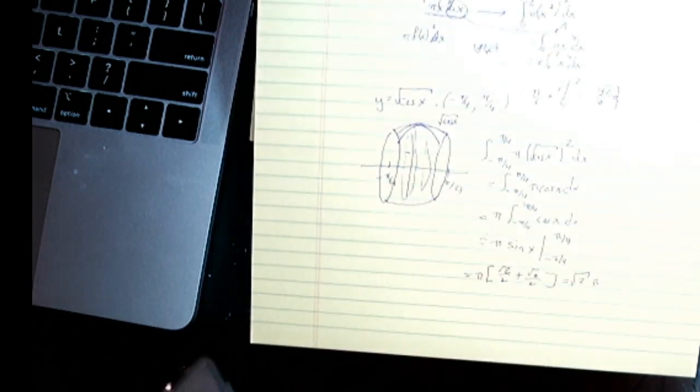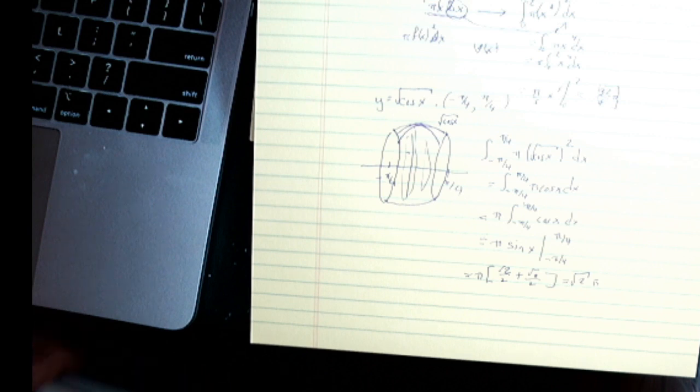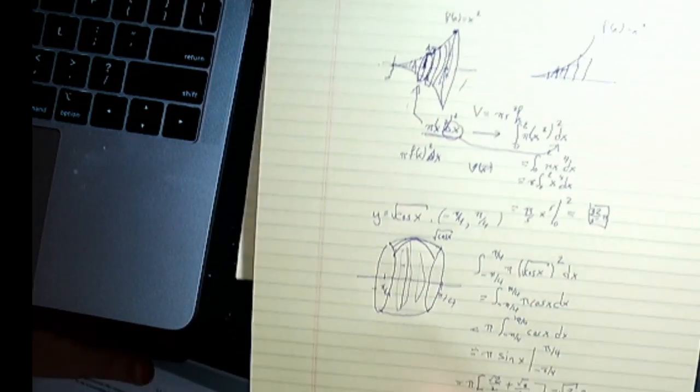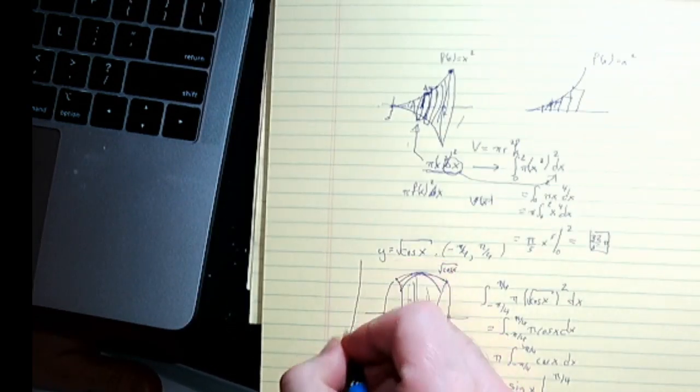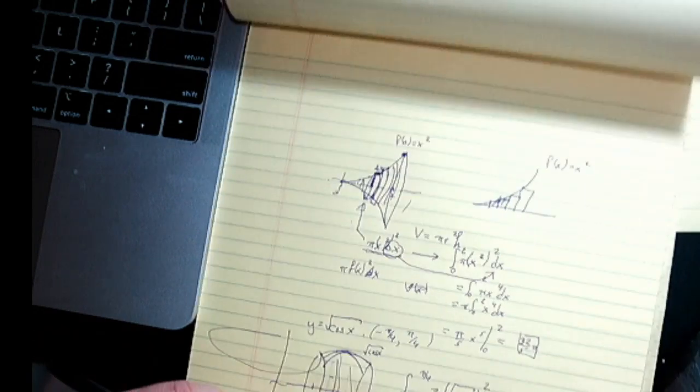But there's another way you could spin the object. Instead of spinning around this way, you could imagine spinning it around the y-axis. And then what do we do? So let's take a look at that.